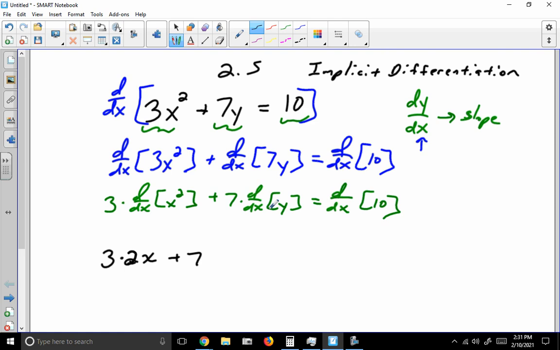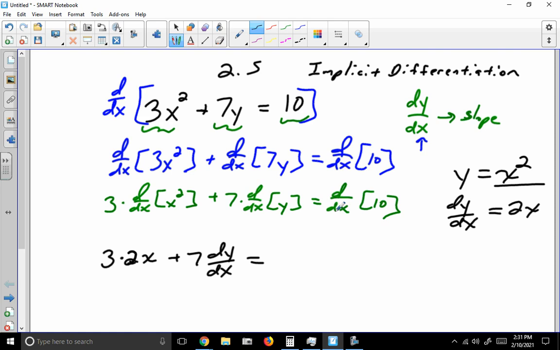Here we have a 7. But here, what is the derivative of y? Well, when we had equations like y equals something, when we took the derivative, we got y prime or dy over dx on the left side, and then we just took a regular derivative of the x squared. So when we take the derivative of y with respect to x, that's known as dy over dx. On the right side, the derivative of 10 is 0.